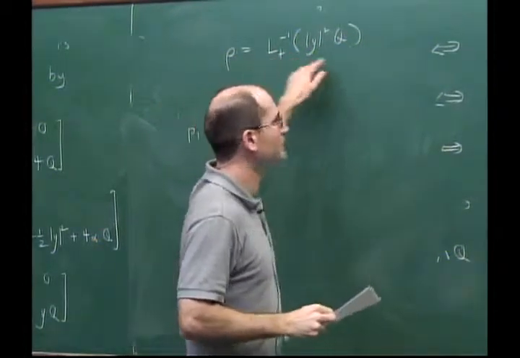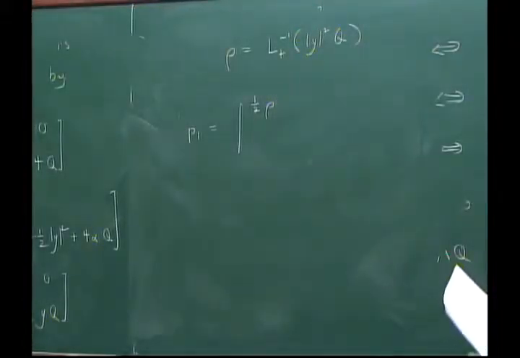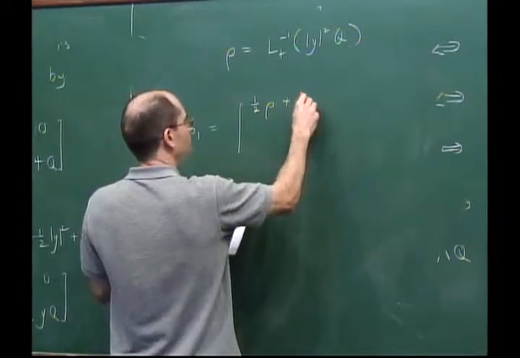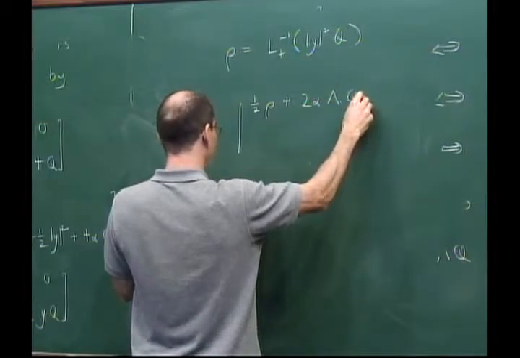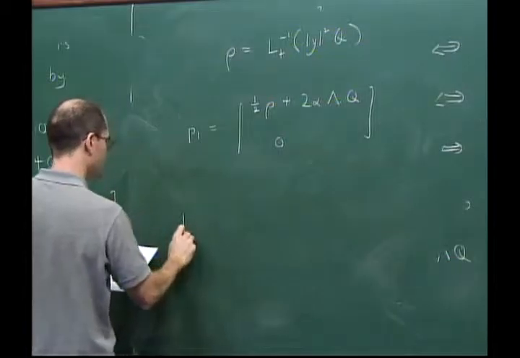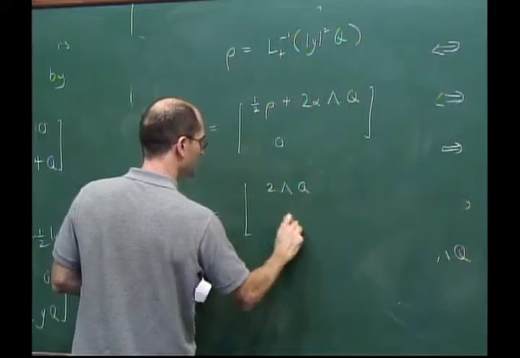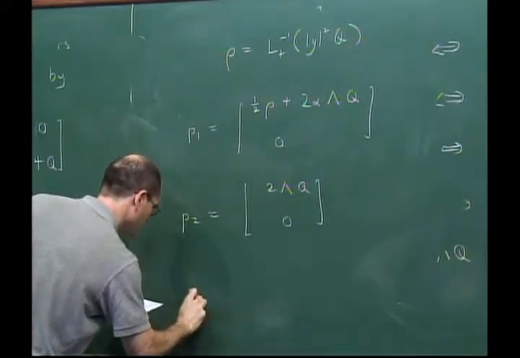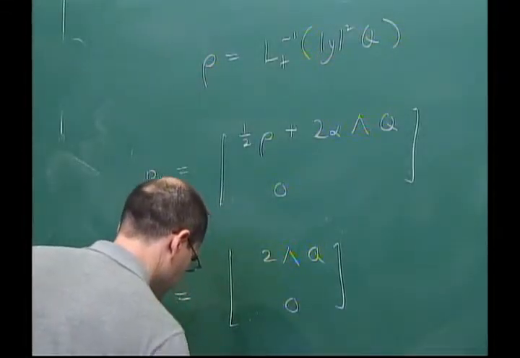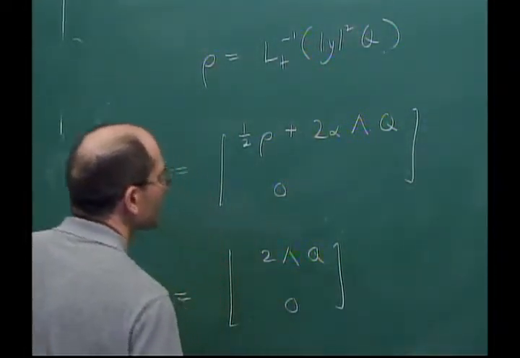And such a thing exists. You can check that this is orthogonal to the kernel of L plus, which is spanned by the gradient of Q. Then 2 alpha, and alpha is just a constant, P2 is 2 lambda Q, and P3 is minus 2 gradient of Q, 0.